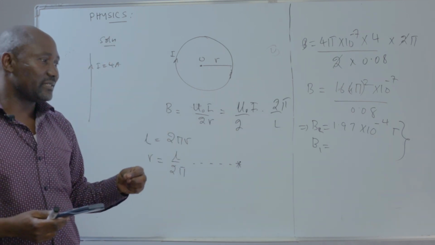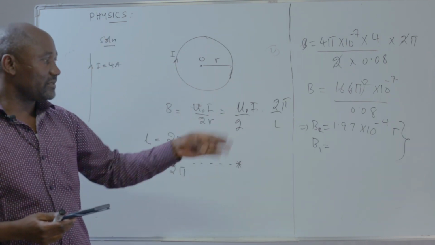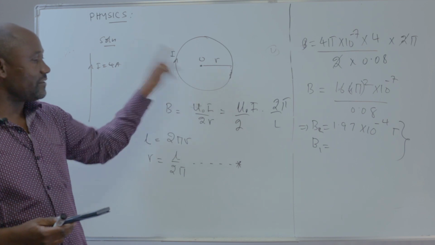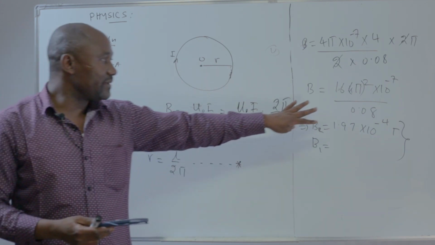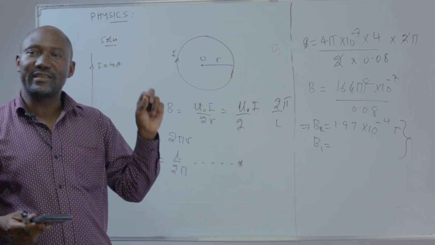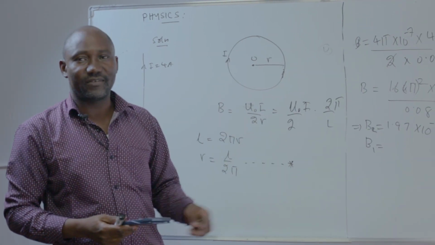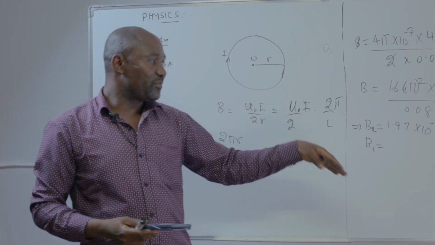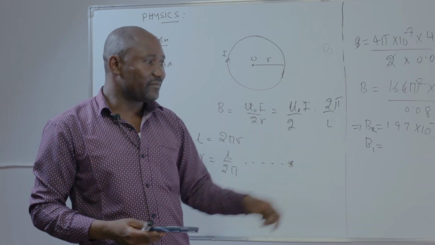Now the question is, do the two values differ? Yes, the value from this loop is different from the value we got from the square. This indicates that the magnetic flux density will change depending on the shape of the conductor. From there, you can find the difference, and you can find which one is producing more magnetic flux density, according to what we have seen here.